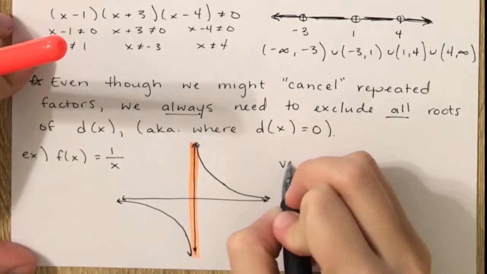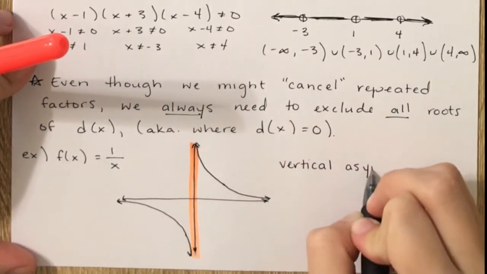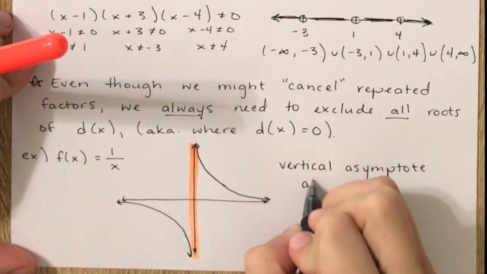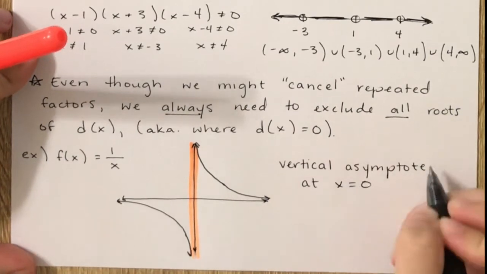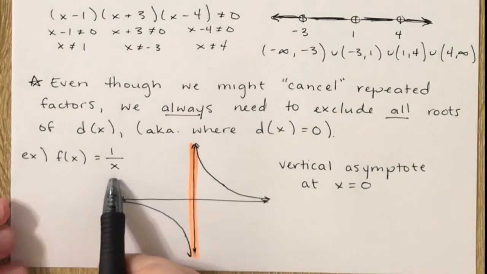So we had a vertical asymptote at x equals 0. That was because we had that factor in the denominator, right?